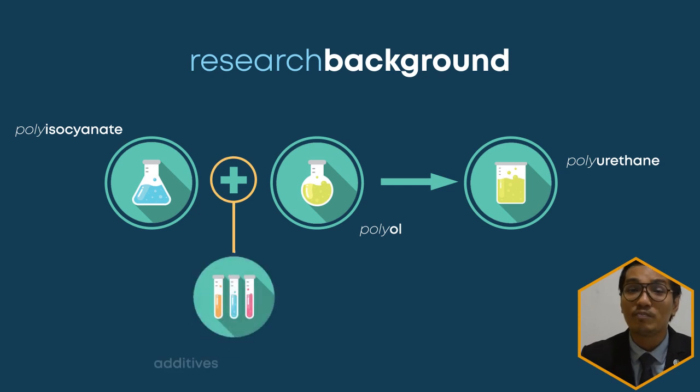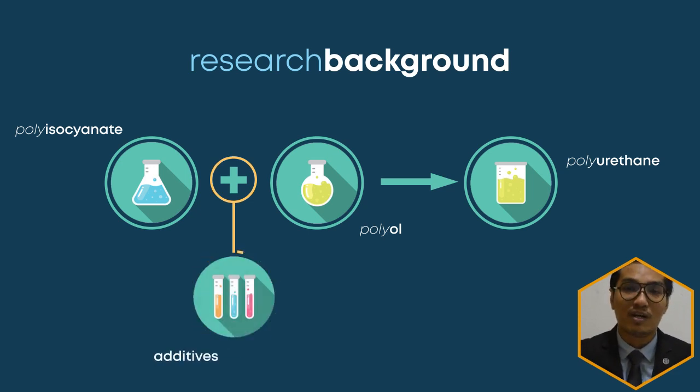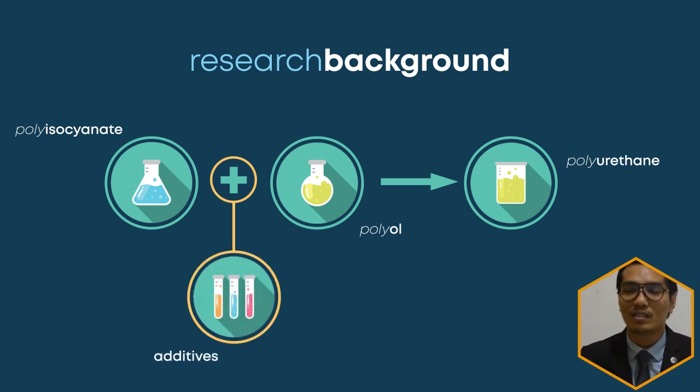However, in real practice, it is not uncommon for other items to be added into this mixture of polyol and polyisocyanate as well. And we call these other items additives. Now, the additives may comprise a lot of things, such as blowing agents, surfactants, reinforcing fillers, flame retardants, and also coloring dye.